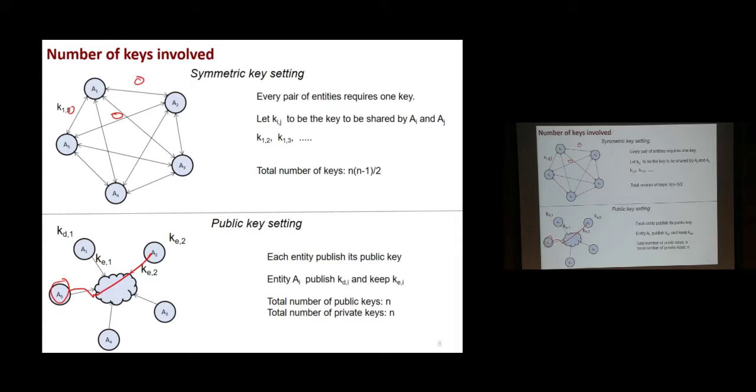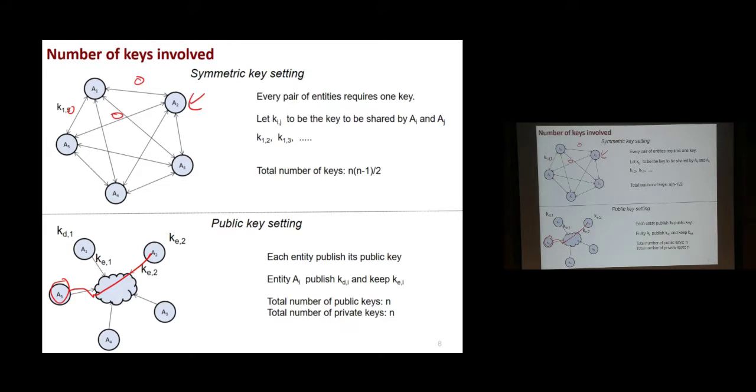Anyone who intercepts the message without knowing the private key is not able to get the plain text. In this case, I only need 5 pairs of keys. It's linear: when the number of users increases, the number of keys increases linearly, as opposed to this one, which is quadratic.